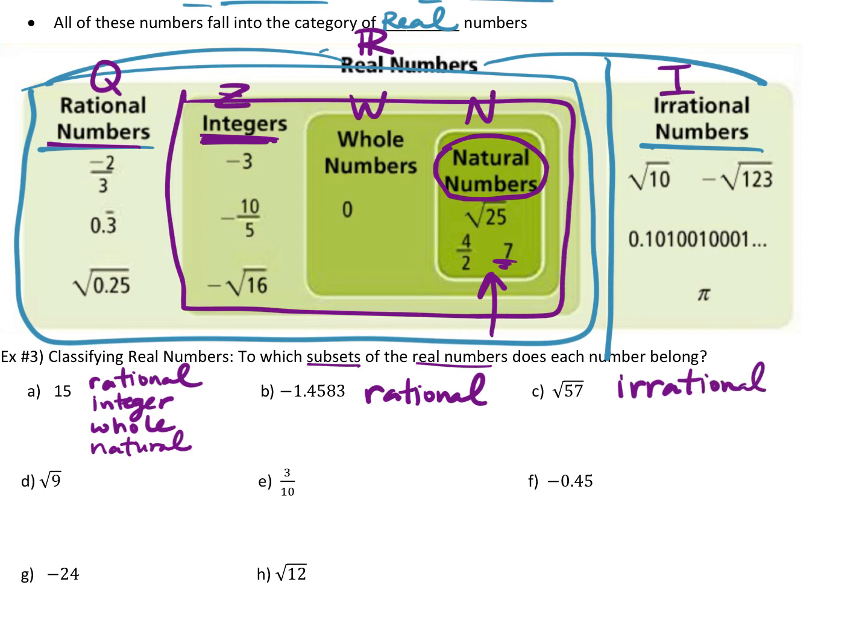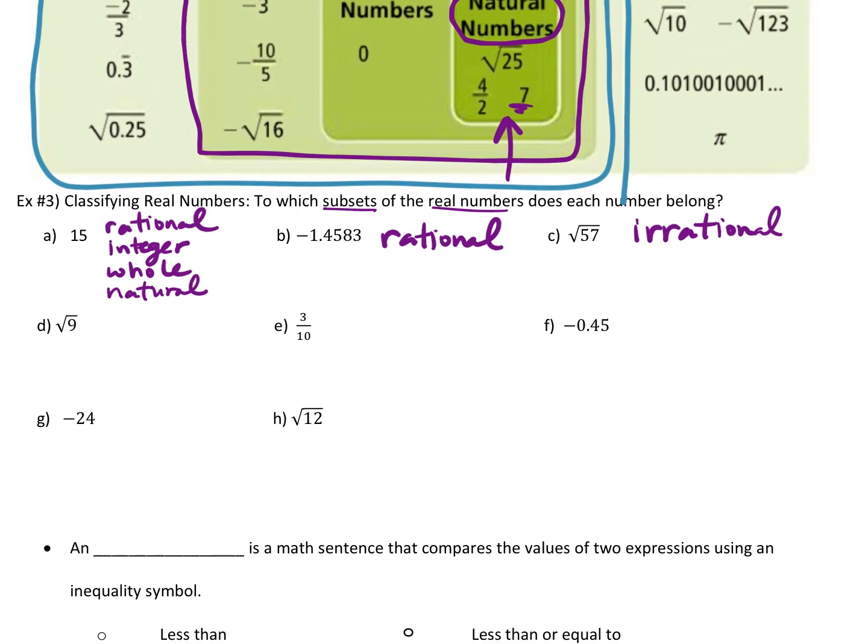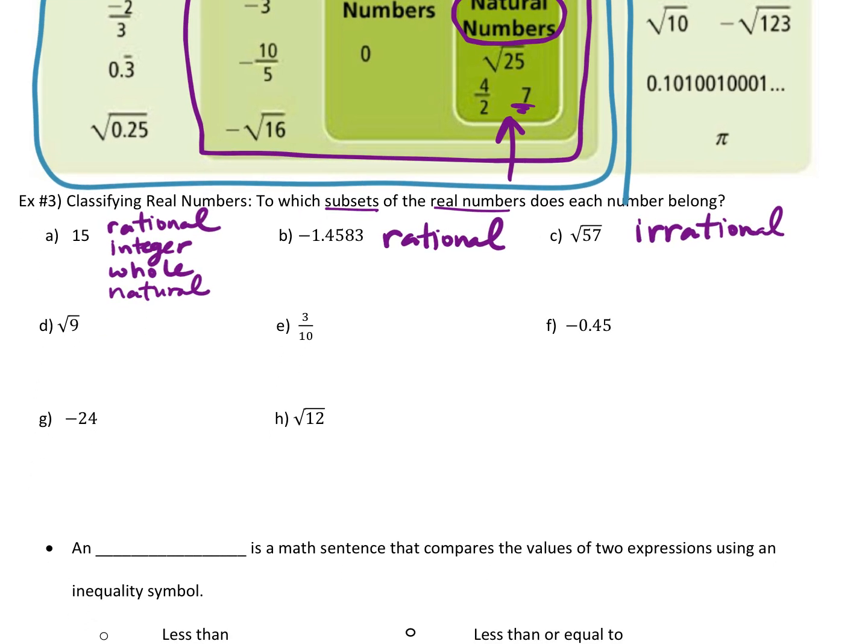That's irrational. What about letter D, the square root of 9? That is a natural number, right? Because the square root of 9 equals 3. So if it's natural, it is also whole, it's also an integer, and it's also rational. What about 3/10?